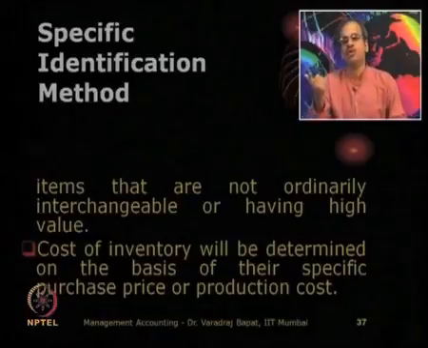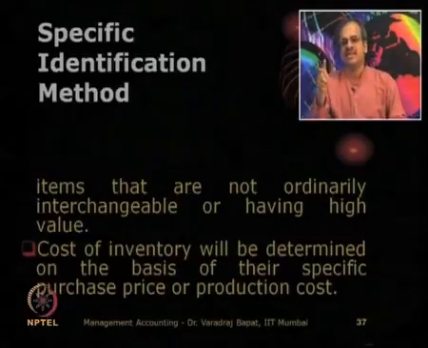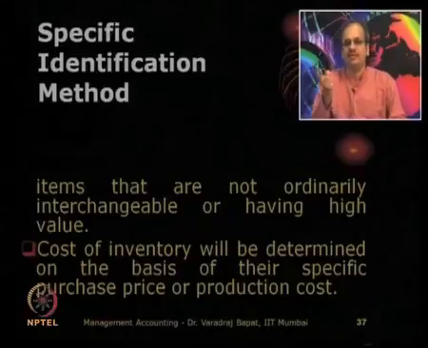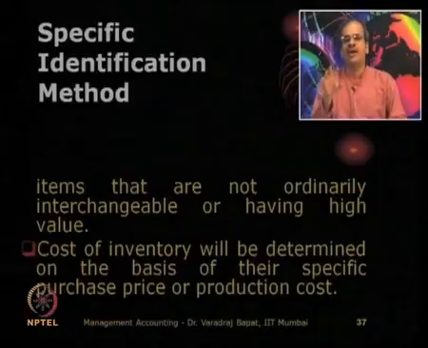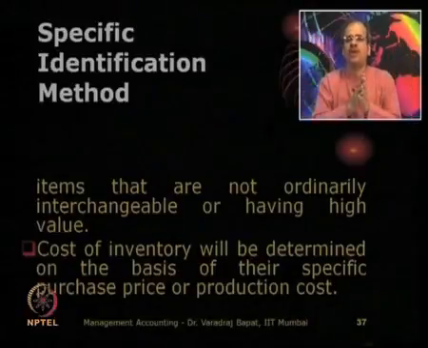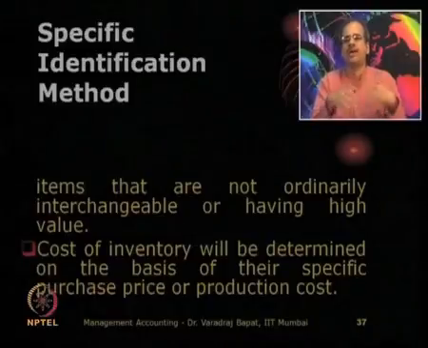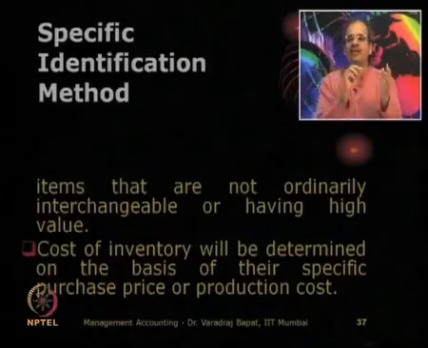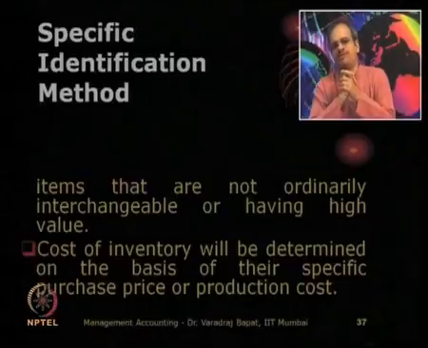And where you cannot use it, that is the case where items are interchangeable. Let us say you are dealing in vegetables. You buy potatoes, hundreds and thousands of potatoes from different sources. All potatoes are interchangeable. You cannot have any particular tag for each potato.